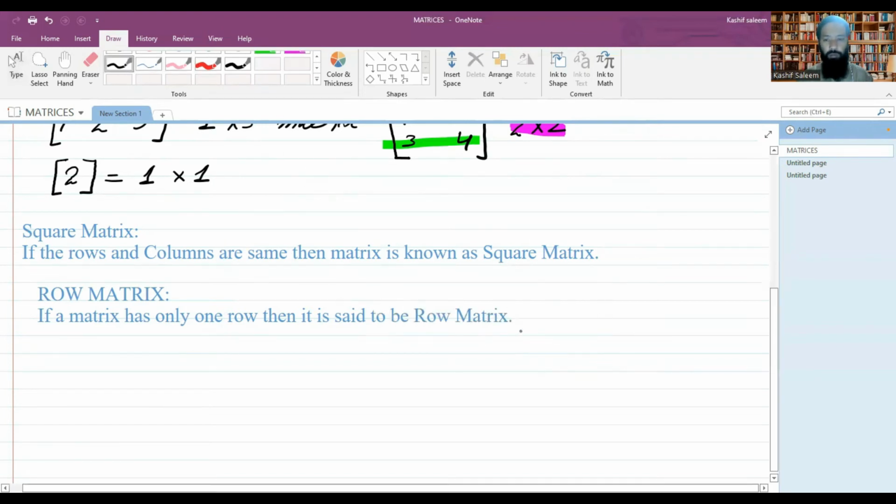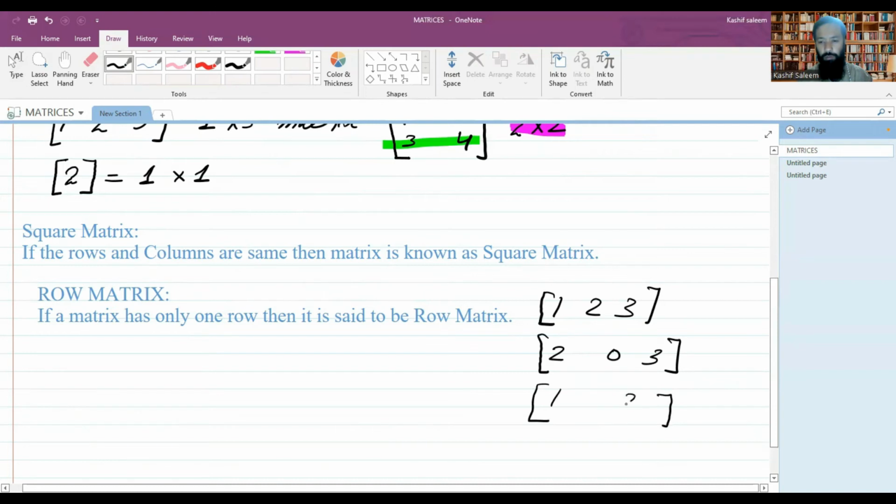If we define it by only 1, 2, and 3, or 2, 0, 3, these matrices have only one row, so it is a row matrix. So these are all examples of the row matrix.